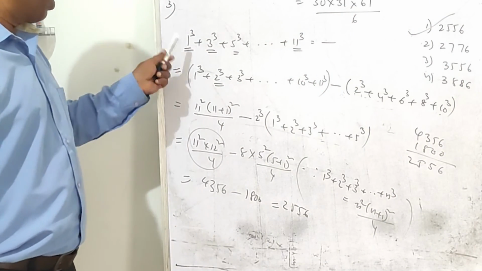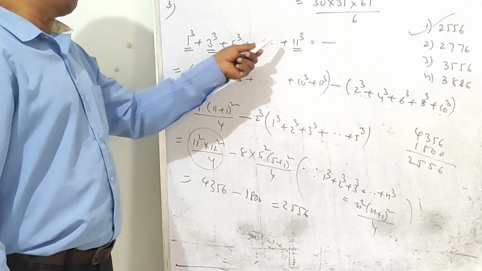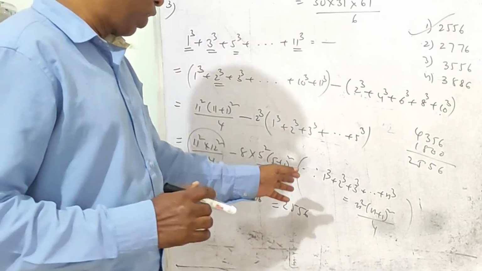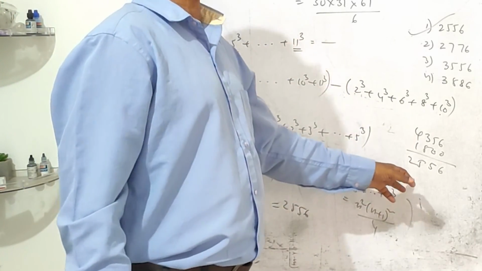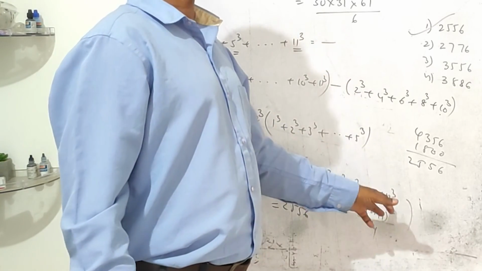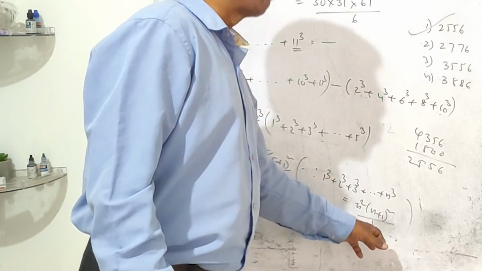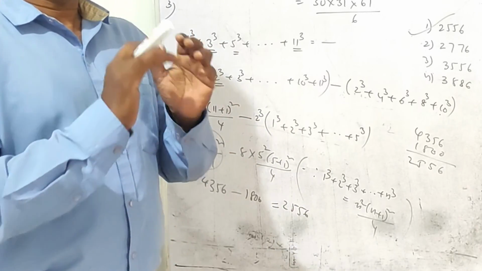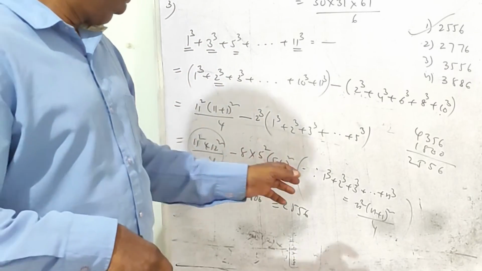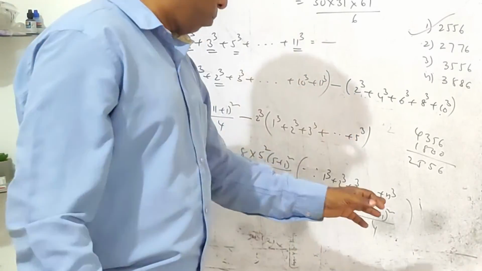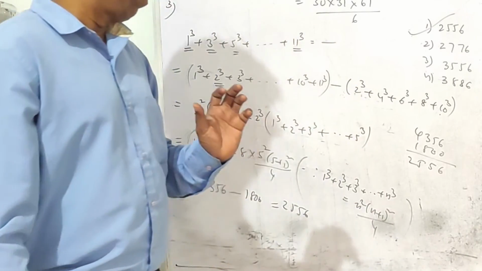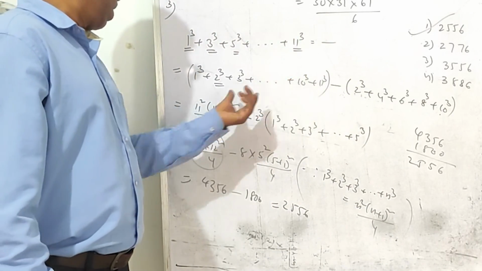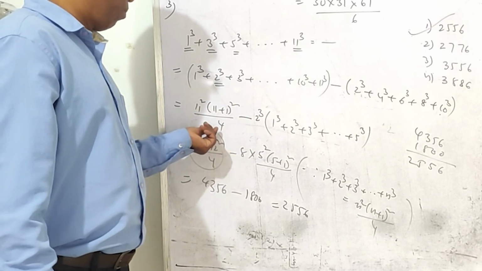Generally, for this type of question, 1 cube, 3 cube, 5 cube and so on up to 11 cube is given. First remember the formula: 1 cube, 2 cube, 3 cube and so on up to n cube, the sum of cubes of n natural numbers, is n square into n plus 1 whole square by 4. Apply this formula first. Here n is 11, up to 11 terms: 11 square, 11 plus 1 whole square by 4.